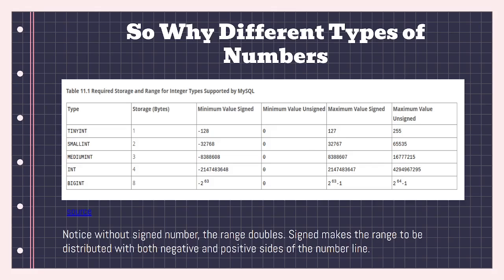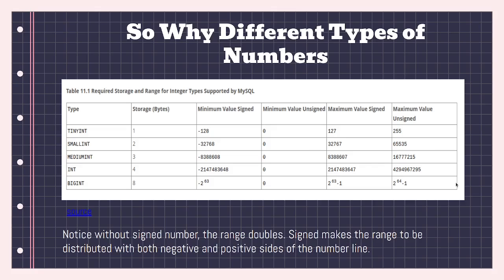Signed values means they can have a negative or positive sign in front of them. Unsigned values are just positive numbers, and they move from 0 until the end of the capacity for that data type. Signed numbers have both negative and positive sides, like both sides of the number line, starting from 0.